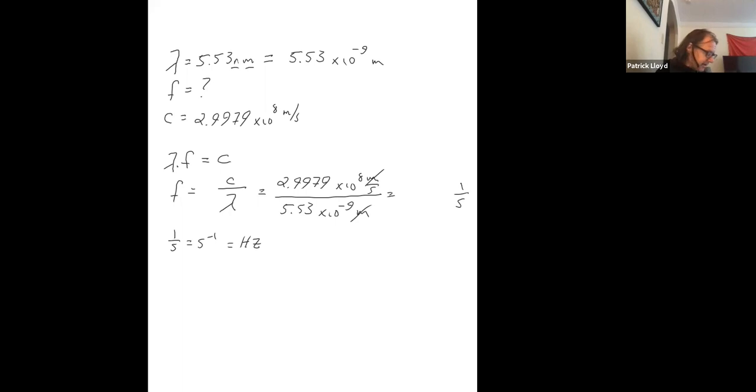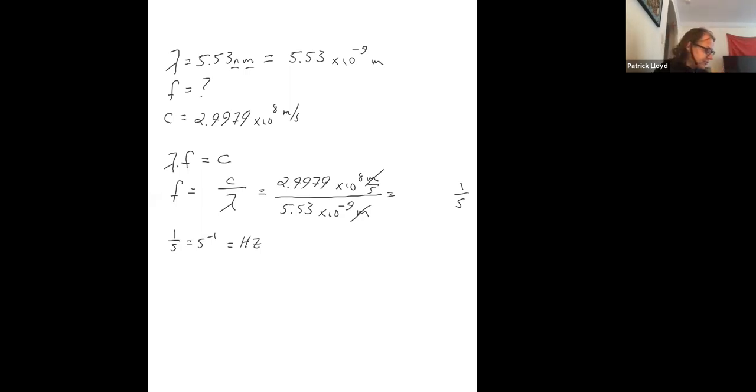Let's see, it's going to be a really big number. Ignoring the decimal values, if you take 10 to the 8th, a very large number, and divide that by 10 to the minus 9, a very small number, a large number divided by a small number is an even larger number. You're going to get a huge value.